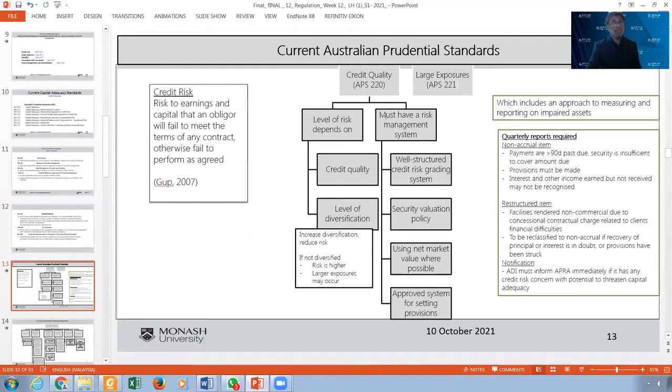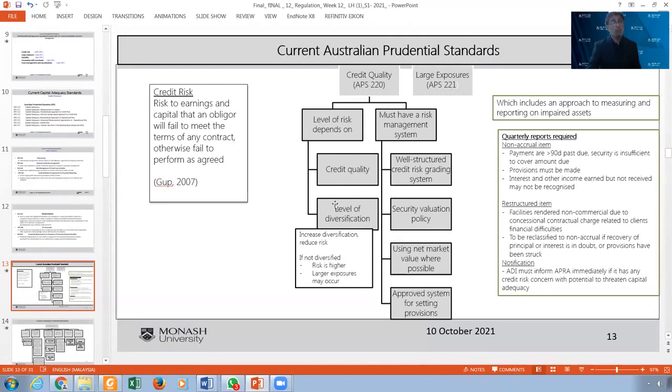Now, one of the most interesting things is APS 220. 220 is the credit risk. And in the credit risk, the regulator wants banks to decrease credit risk as much as they can and control this. So they say you have to have a level of risk that depends on the credit quality and the level of diversification.